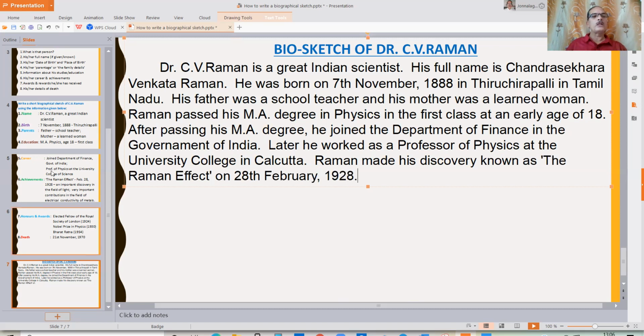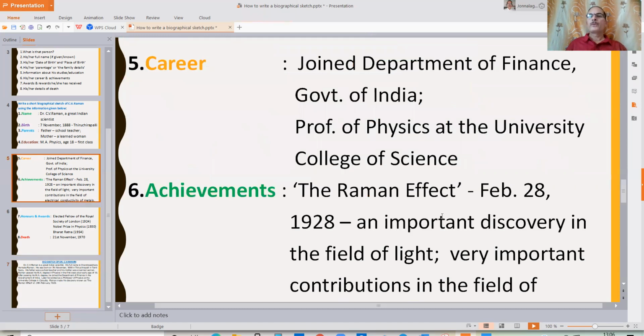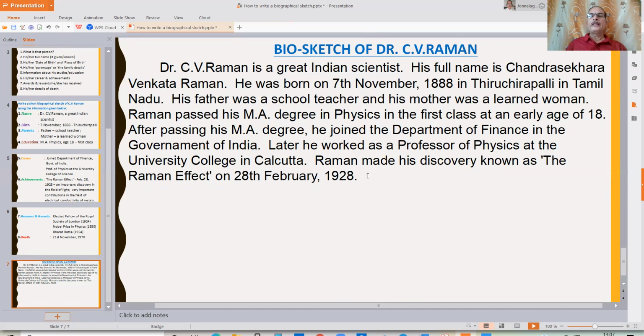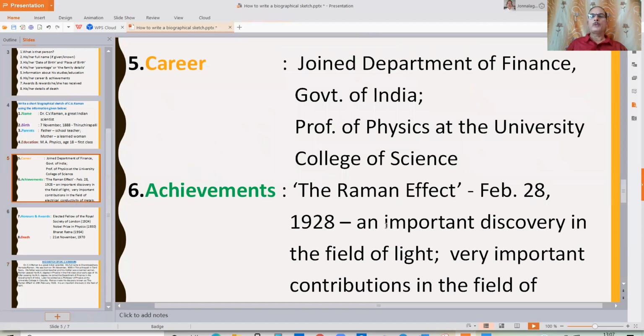And what is the other information given about it? An important discovery in the field of light. That means Raman's discovery, the discovery of the Raman effect, is a discovery in the field of light. We can mention that. And then, so this point is over.